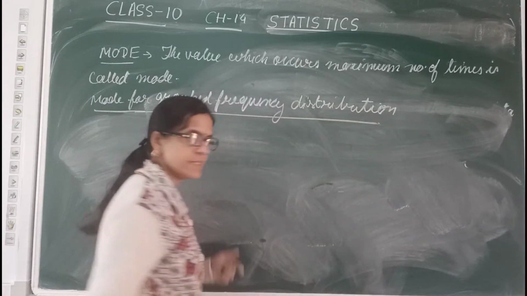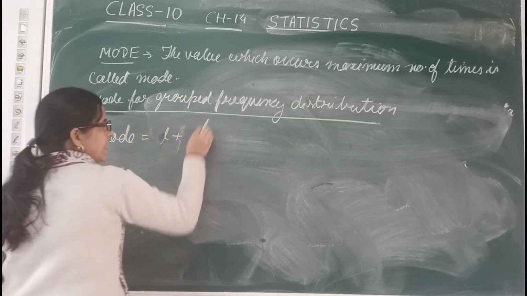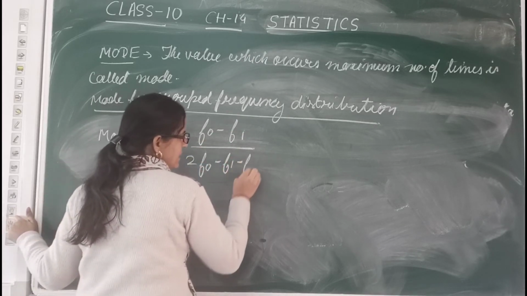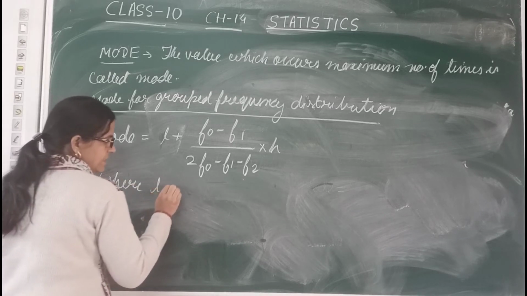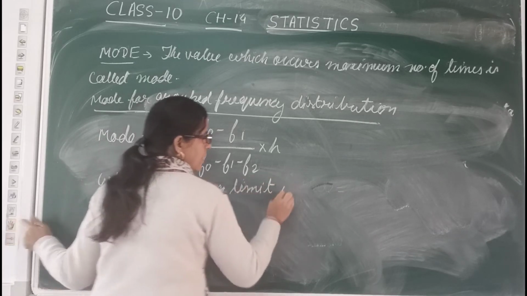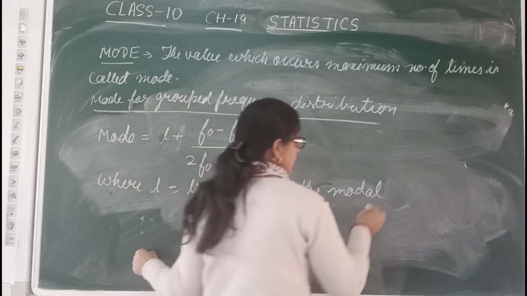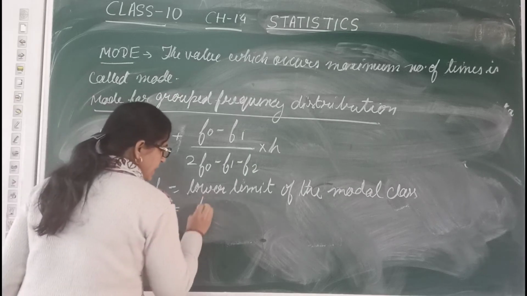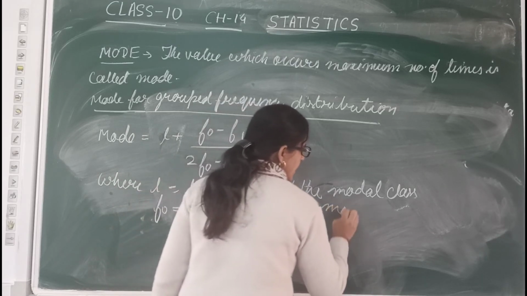The formula I am giving: mode equals L plus (F0 minus F1) by (twice F0 minus F1 minus F2) into H, where L is the lower limit of the modal class, and F0 equals the frequency of the modal class.